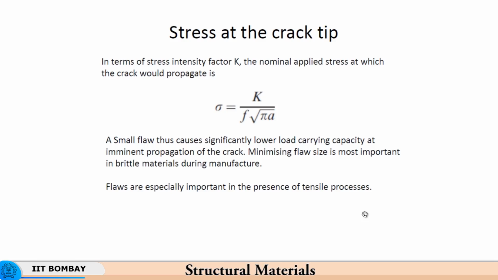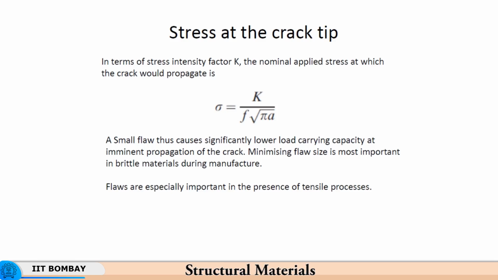If you look at the size of the flaw, a small flaw causes a significantly lower load carrying capacity at imminent propagation of the crack. So, if A is relatively small, then sigma is relatively more, whereas if A is large, then sigma will also be large.